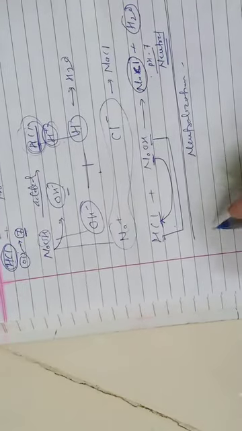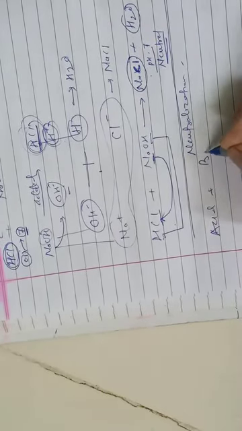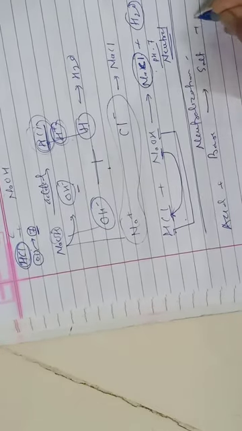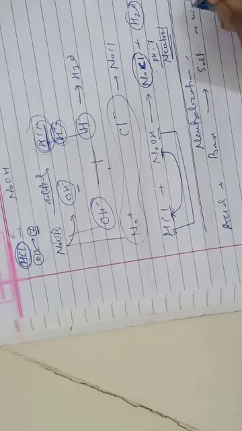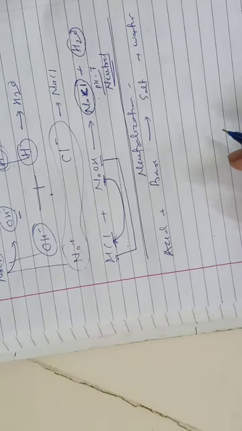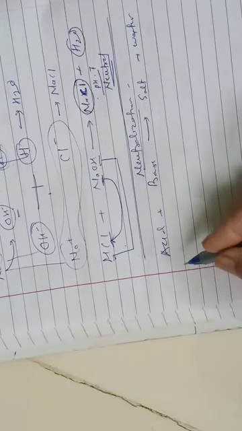That means acid plus base gives salt and water. It is also found in other examples that when an acid and a base react, the products are always salt and water. Such a reaction is called a neutralization reaction.